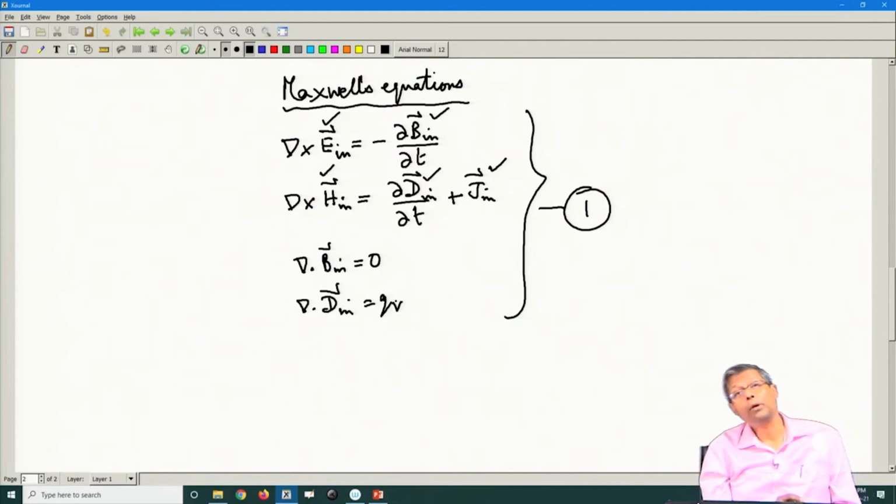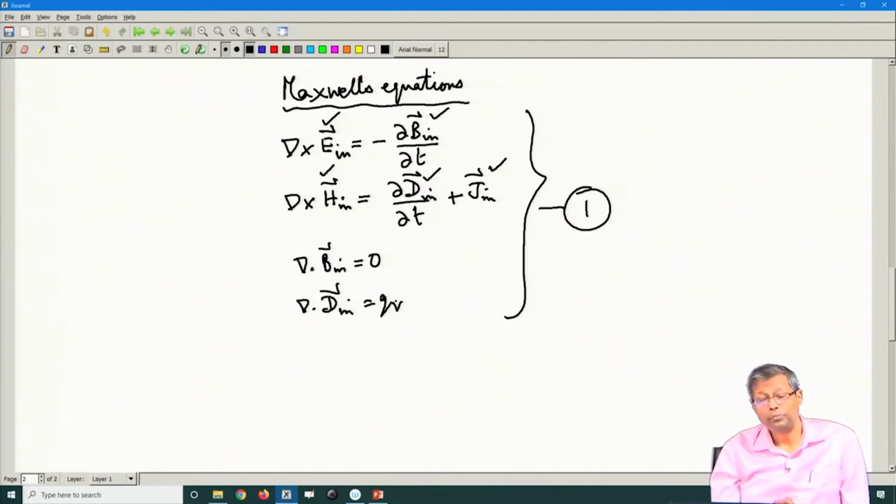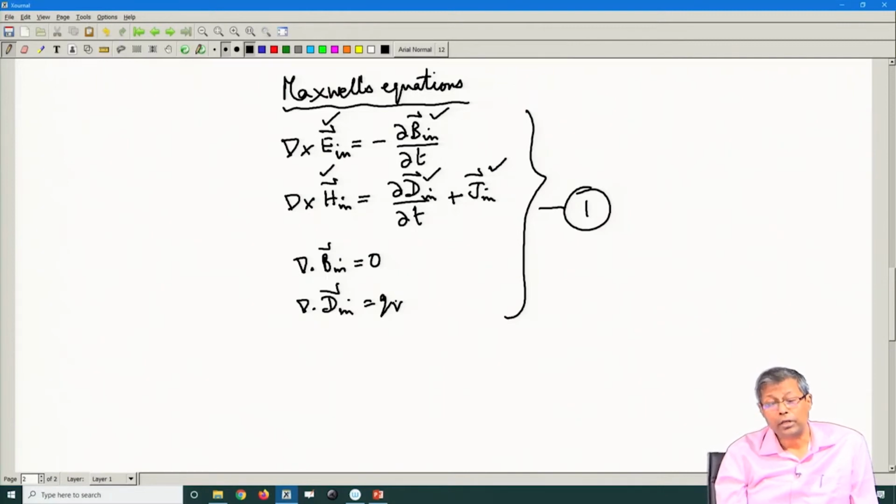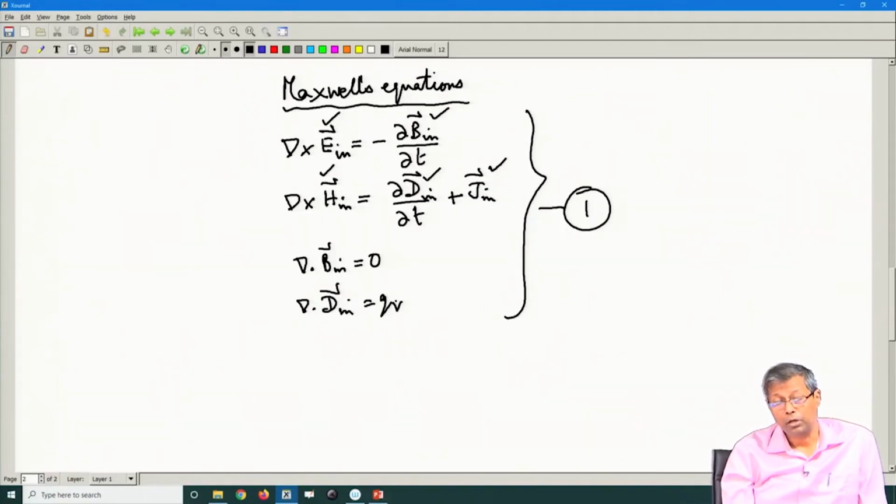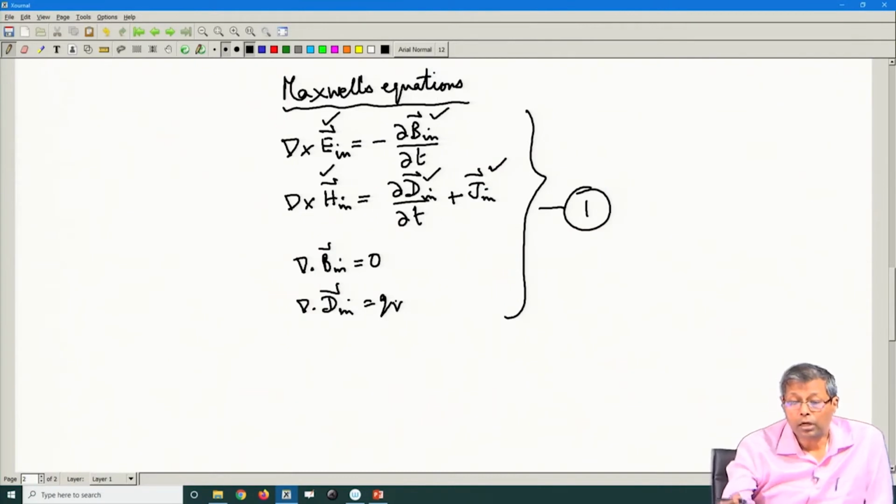So, there are no magnetic sources, and the fourth equation is Gauss's law, which states that the divergence of the electric flux density is equal to the charge enclosed. Okay. So, these are the 4 fundamental forms of the point form of Maxwell's equations.